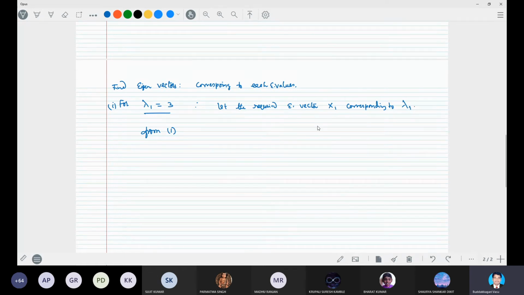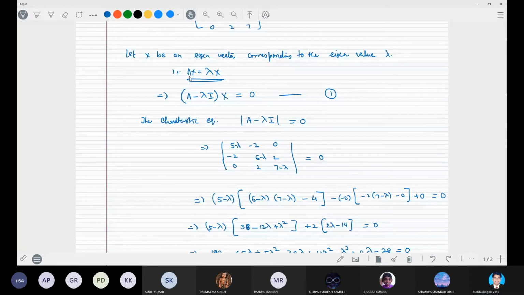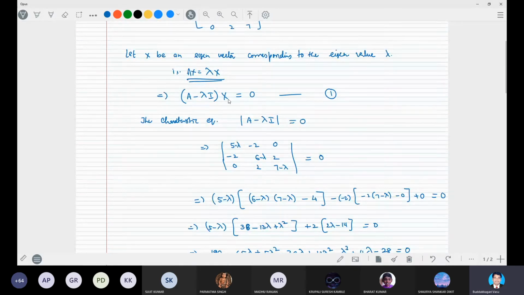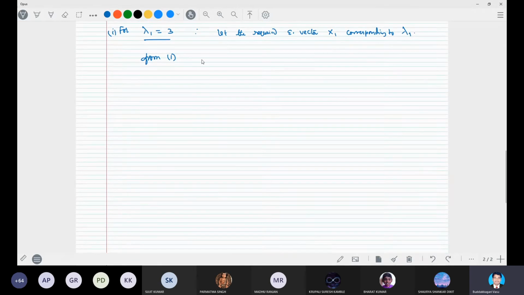So in such case, x1 and lambda 1 satisfy this equation. That means A x1 is equal to lambda 1 x1, right? Or (A minus lambda 1 I) x1 is equal to 0. Now from 1 we can write it, they must be satisfied: (A minus lambda 1 I) x1 is equal to 0.